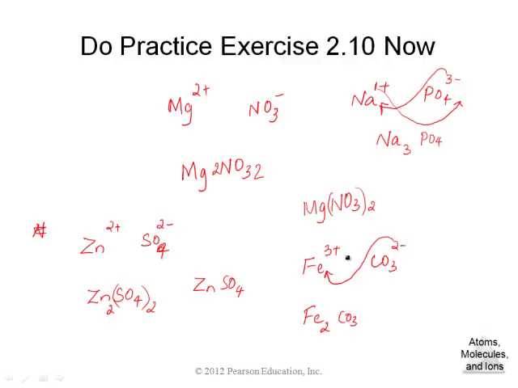So that means we have to put CO3 in parentheses and write the 3 outside. So Fe2 and CO3 in parentheses and 3 outside. Again, if you look at the charges, this way it is balanced. Each Fe is 3 positive. So 2 Fe will give you a total of 6 positive charge. Each CO3 is 2 negative. 3 CO3s will give you 3 times 2 negative, 6 minus charge. So the charge is balanced.